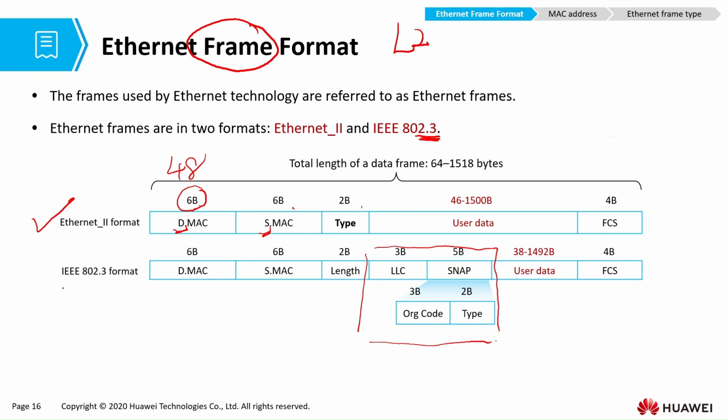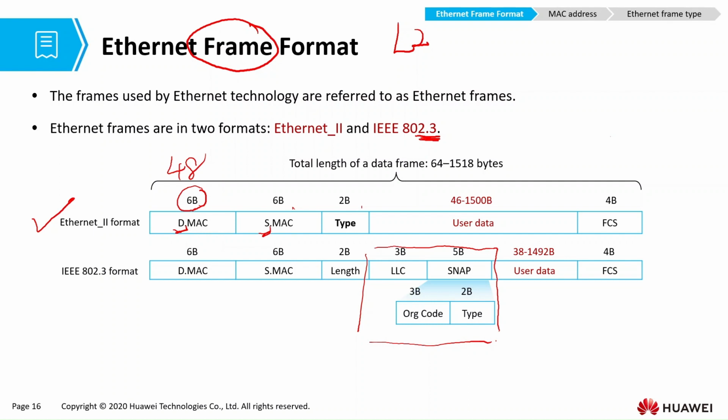The type field is where you determine the type of service, the protocol type. Most of the time later we will see it holding IPv4 or ARP, with the numbers 0800 and 0806. This one they always ask, but on the next slide.